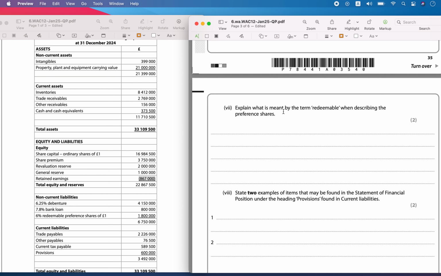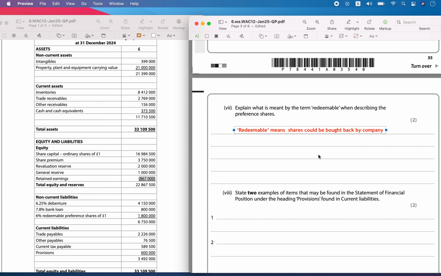Then explain what is meant by the term redeemable when describing the preference shares. So preference shares are redeemable. The word redeemable means the shares could be bought back by the company anytime.